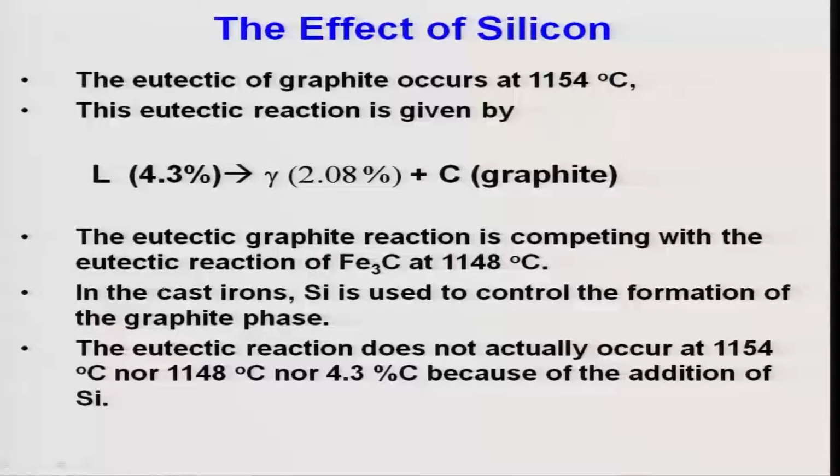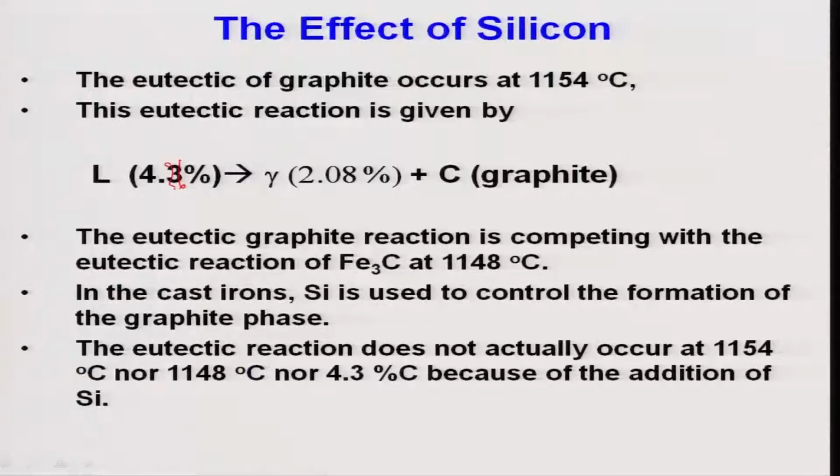So, the eutectic of graphite occurs at a higher temperature as compared to the eutectic reaction of the other phase happening at 1147 degrees Celsius, and this eutectic reaction is written here. The carbon concentration 4.3 or 4.26, it is better to write 4.26 because that is what it is.